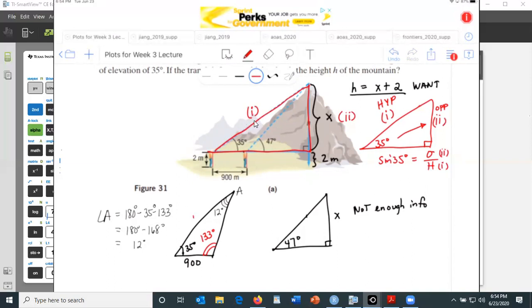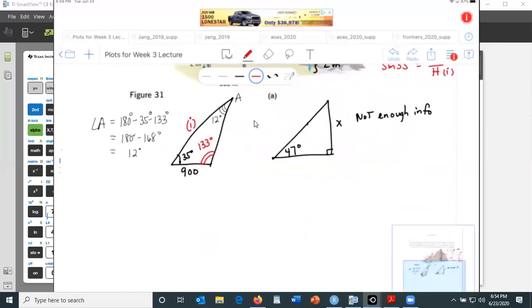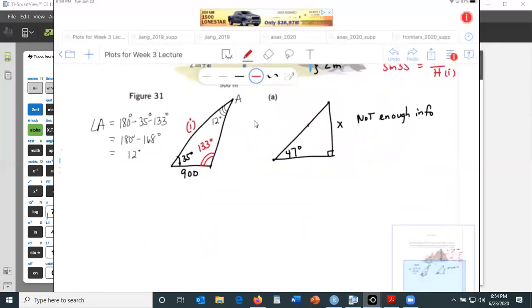All right, let's solve for part 1 right here. Let me move this up. To solve for part 1, we're going to use the law of sines, because first off, this triangle is non-right.